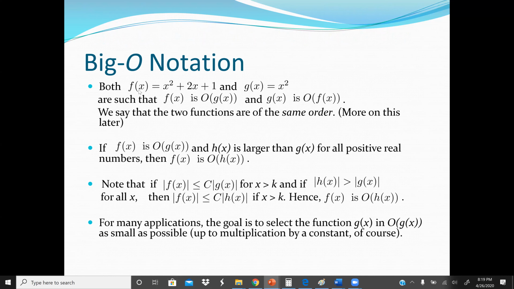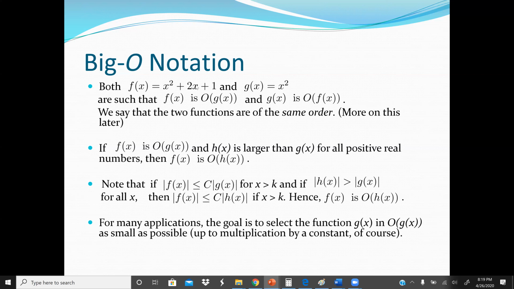So if both F at S is equal to S squared plus 2S plus 1 and G at S is equal to S squared, these are such that F at X is big O of G at X and G at X is big O of F at X. Because if F at S is big O of G at S, then G at S also is big O of F at S. Here we have two expressions, and you can see that the highest exponent for both is, again, the same, 2.